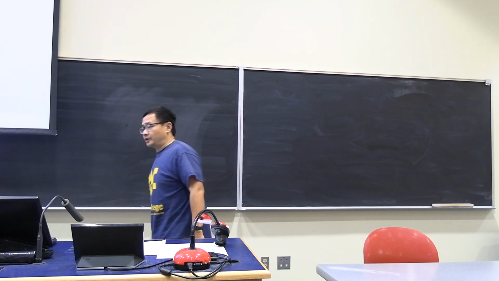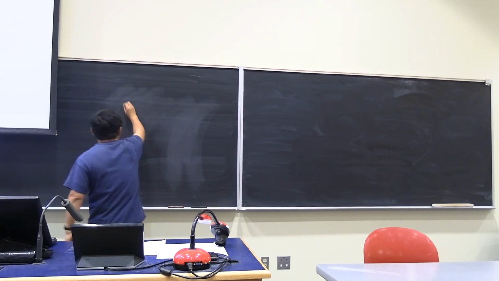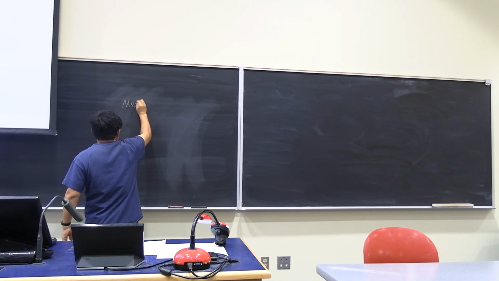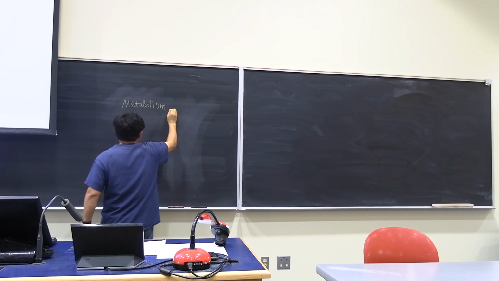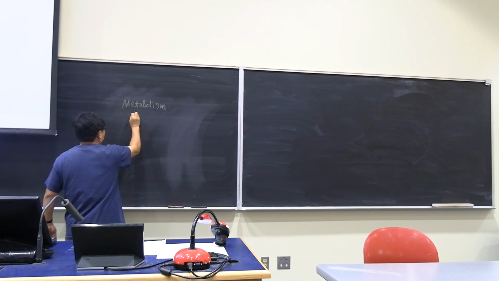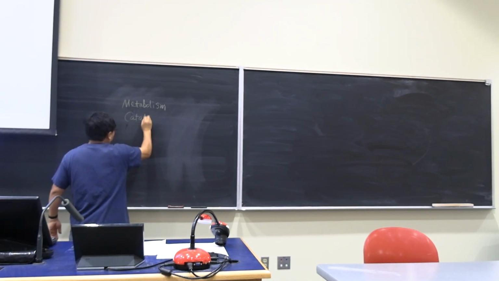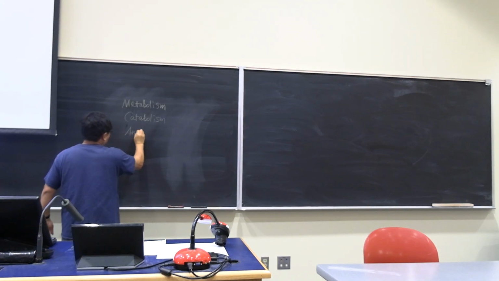So we talk about biochemistry. Today is an introduction. First of all, we talk about metabolism. Once we talk about metabolism, you should always know there are 2 different categories, which are catabolism and anabolism.